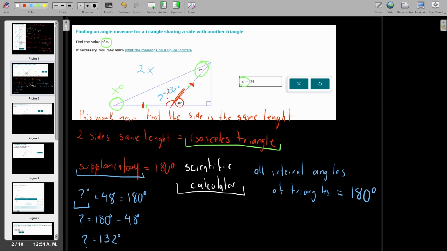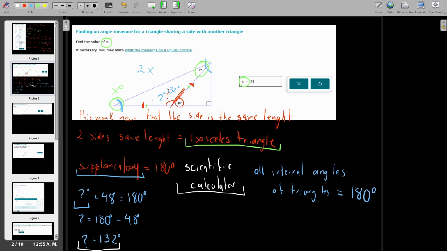Now, what do we do with this value? The value of 132. We know that this angle here is going to be the same as this angle here.